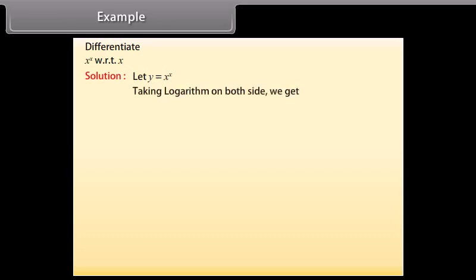Example: differentiate x raised to the power x with respect to x. Solution: let y is equal to x raised to the power x. Taking logarithm on both sides, we get log y is equal to x into log x.